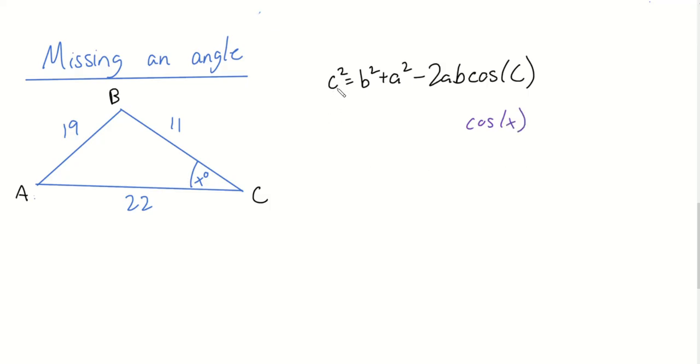What is the side length of C? 19. Yep, 19. What about B? 22. Mm-hmm. What about A? Mm-hmm. So I have 2, 11 times 22. Wow, I just fit that.